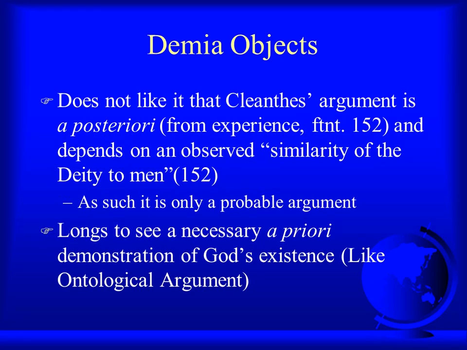As such, it is only a probabilistic argument. Right? It can only show that probably the works of nature had a designer. In other words, at best, it's not going to show with absolute certainty that works of nature had a designer.